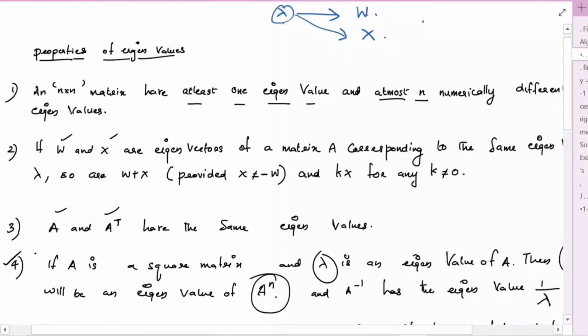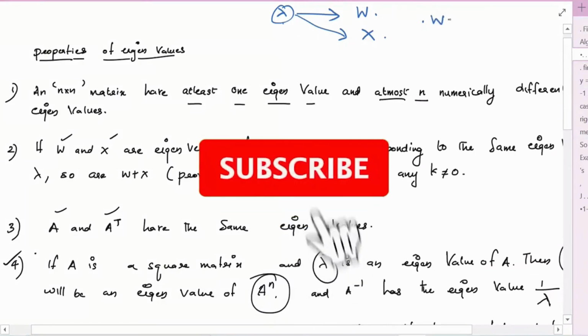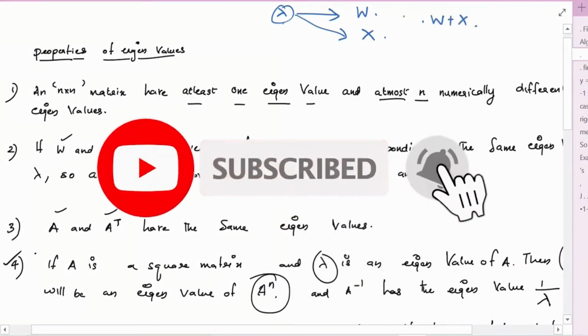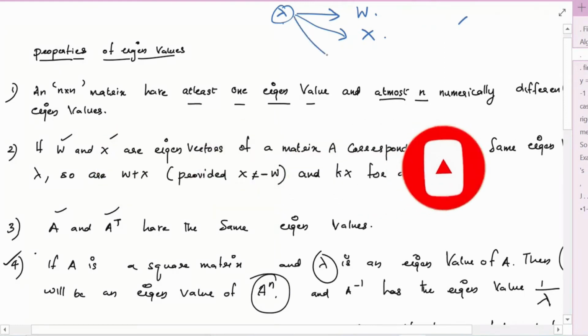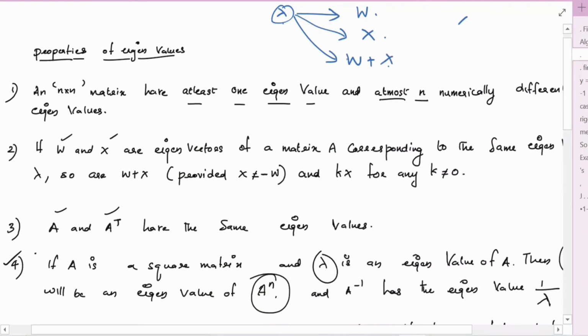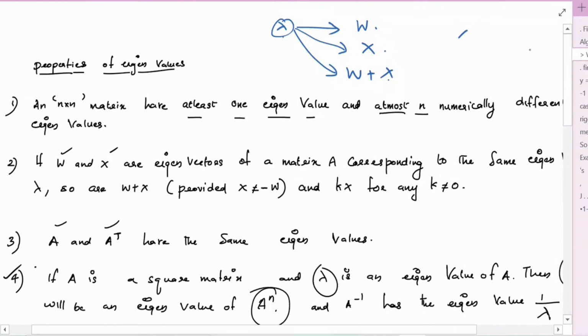Then that property says w plus x is also an eigenvector corresponding to that eigenvalue lambda. And also, if x is an eigenvector, then k into x, where k is a scalar quantity, is also an eigenvector corresponding to that eigenvalue lambda. That is the second property.